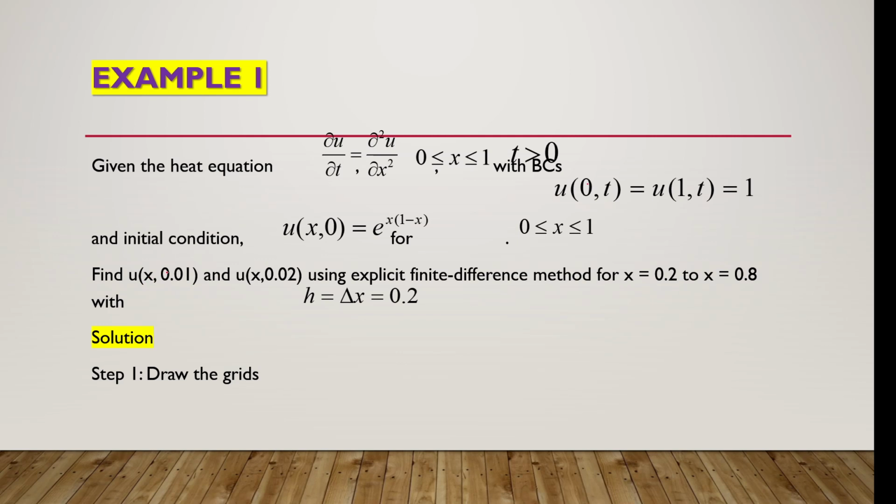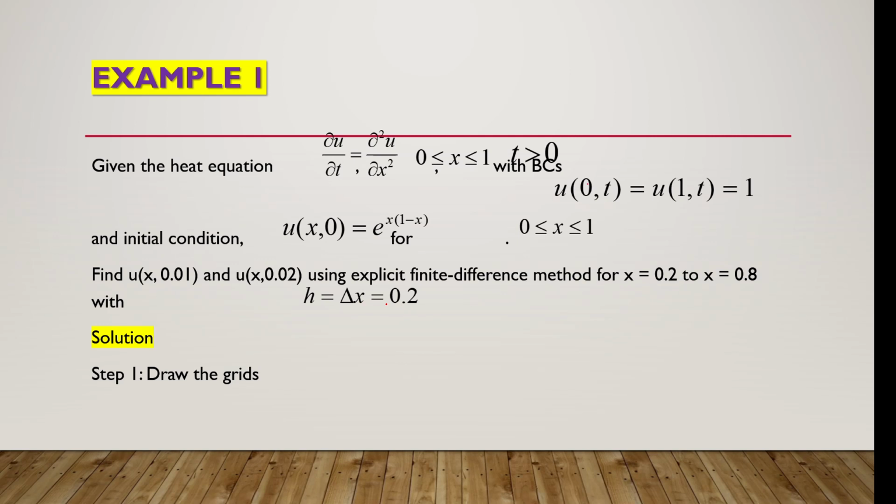Find U(x,0.01) and U(x,0.02) using the explicit finite difference method for x equal to 0.2 to x equal to 0.8 with h equal to delta x equal to 0.2.